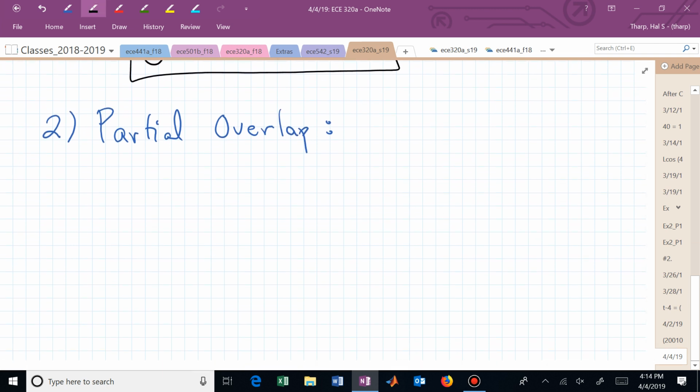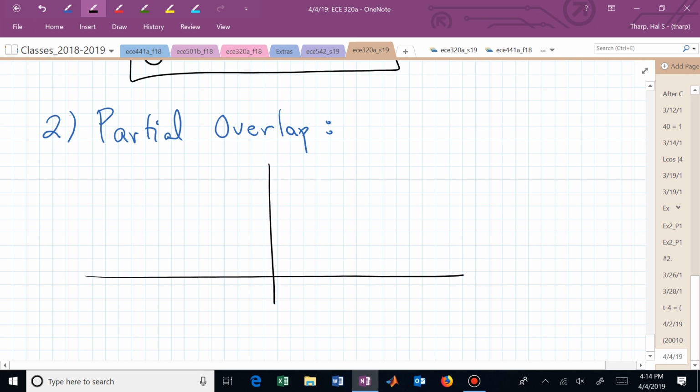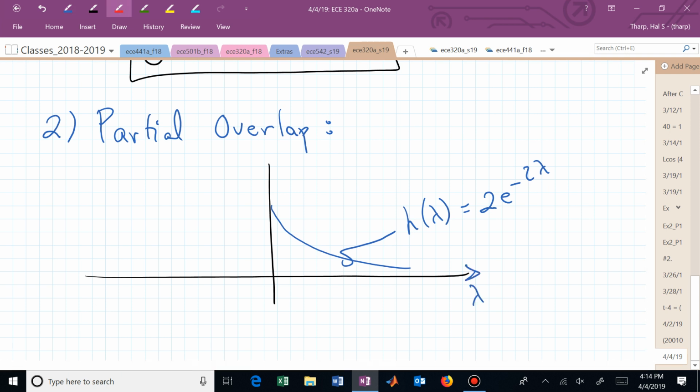Well, now it's just a function of sketching this. Here is h of lambda. That hasn't changed. This is now h of lambda. This is 2 e to the minus 2 lambda. This is lambda. And now, I'm probably changing up the colors, I apologize. This is now t plus 1, and this is t minus 3.